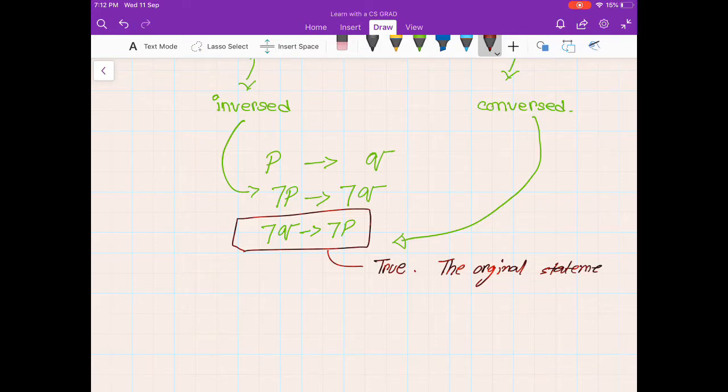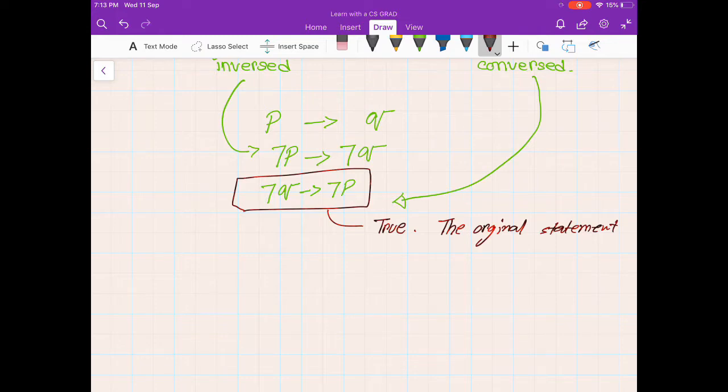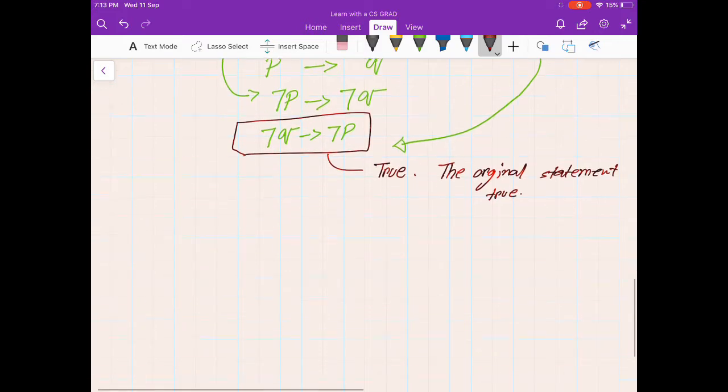This is different from proof by contradiction, because here, after changing the whole statement, we try to prove that it is true. If this is true, the original statement would be true.